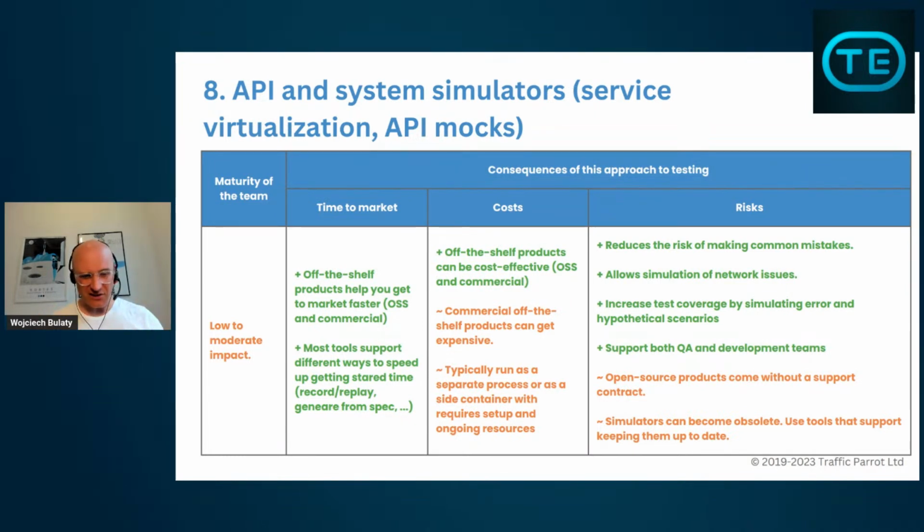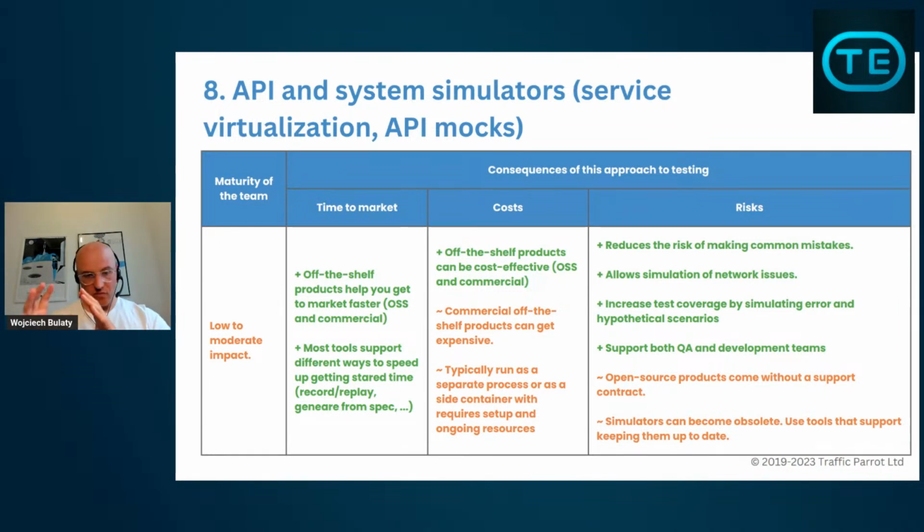It's one of the fastest to use, especially if you use off-the-shelf products. Typically, these API and system simulator tools are off the shelf, either open source or commercial, because they have a bunch of features that allow you to get up to speed quite quickly.